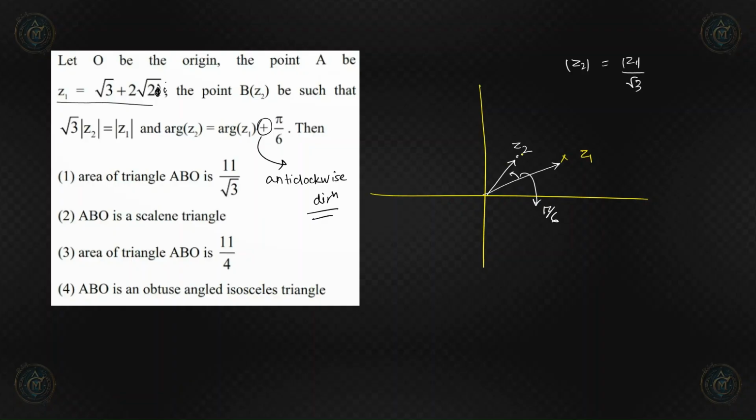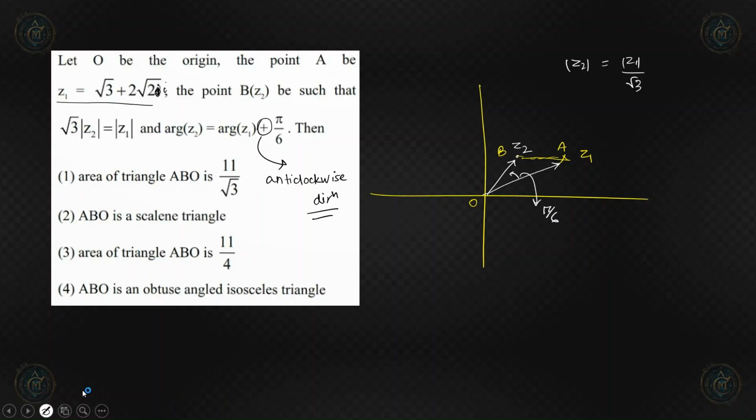If I join this triangle, this is point B, this is point A, and this is point O, and this triangle is ABO, then we can easily find all the information of this triangle: area of triangle, whether ABO is a scalene triangle or obtuse angle, isosceles triangle or not. So this information we have to find.